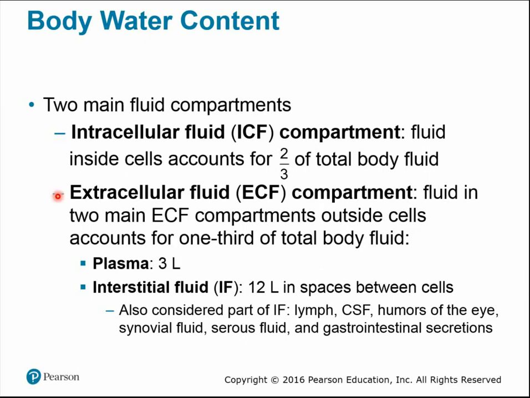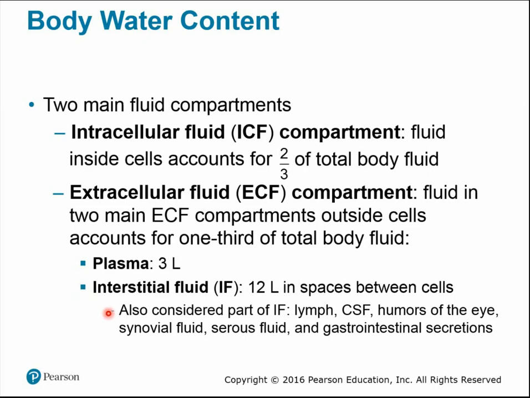We can further divide this extracellular fluid compartment into the plasma, which is just the fluid component of the blood, and interstitial fluid, or IF. This is the space in between the cells. Okay, so it's not actually inside of a cell, it's just in between the cell spaces.